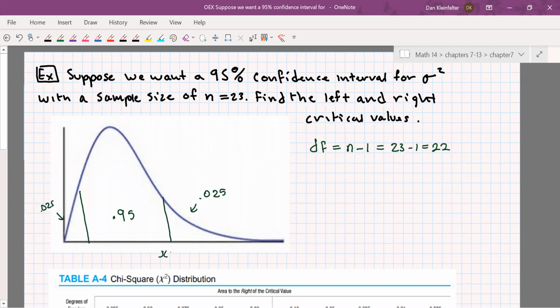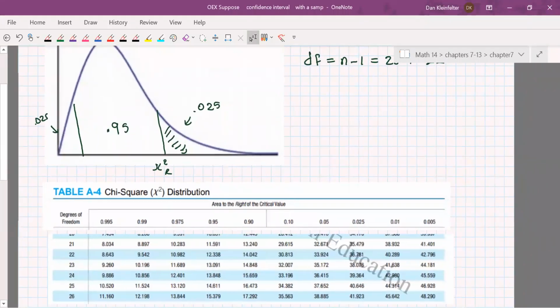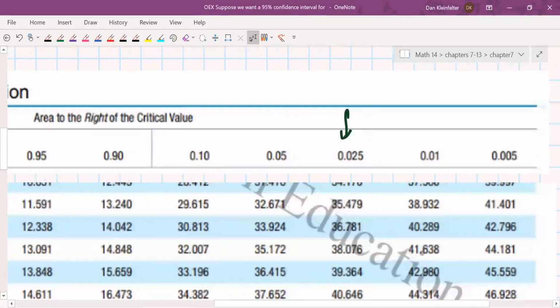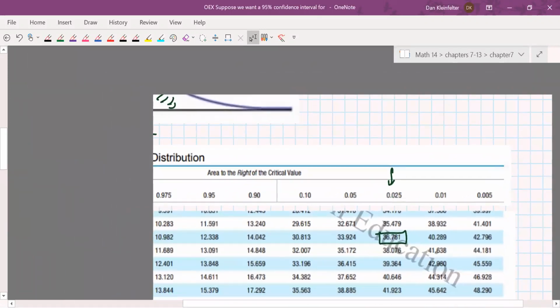So for chi-squared right, we will look on the row 22 degrees of freedom. We need an area to the right of 0.025. Where those meet, sorry, it's kind of blurred by the copyright, 36.781.